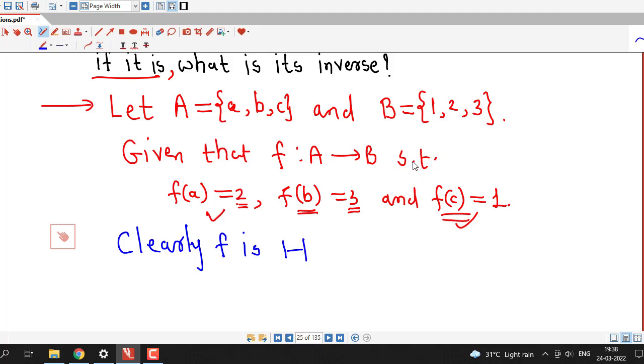And for onto, we have to check whether each element of B, which is the codomain, is the image of some element of set A or not. So we can see 1 is the image of c from set A. Similarly, 2 is the image of a, and 3 is the image of b. So therefore f is onto also. f is 1-1 and onto.